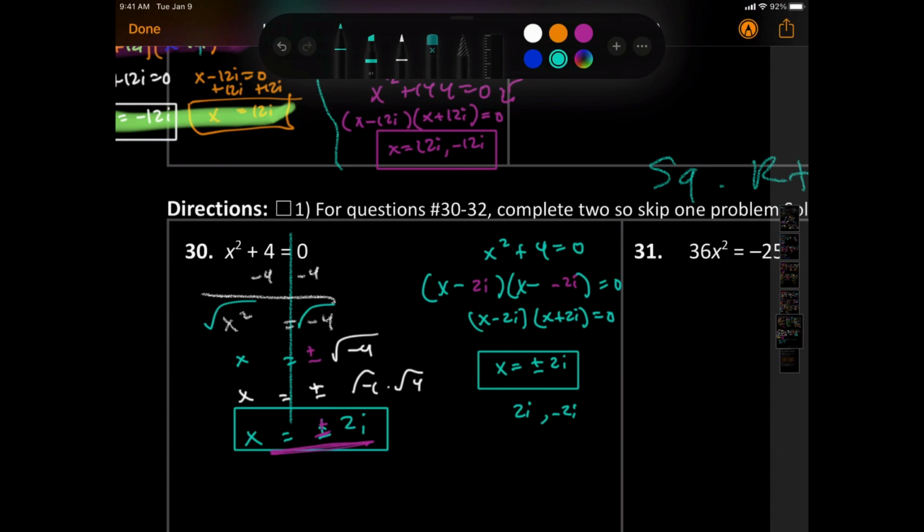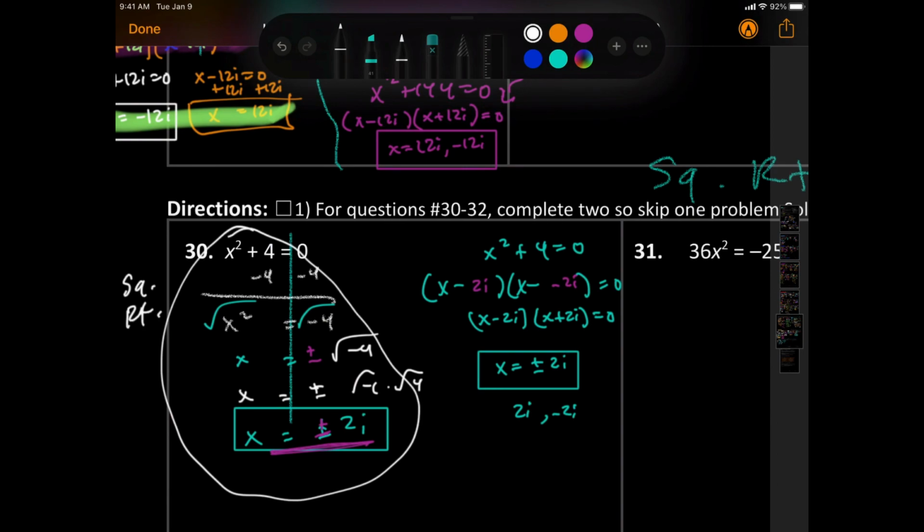The left side is the square root method. Let's highlight that. This is just using the square root to find us the solutions, but over here in blue, this is showing your work for factored form or factoring.